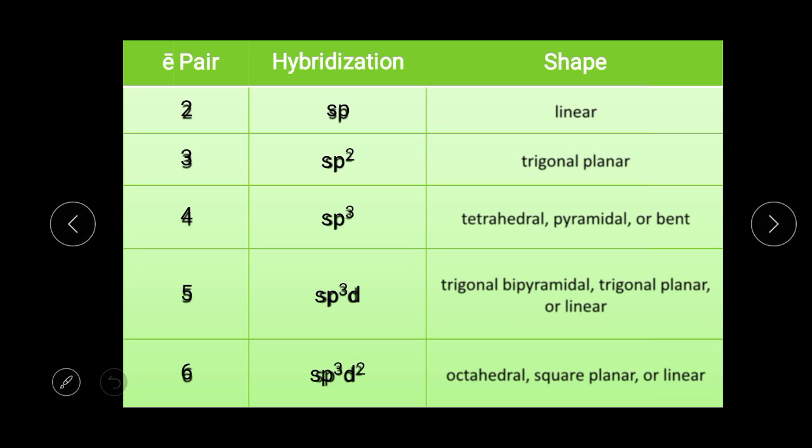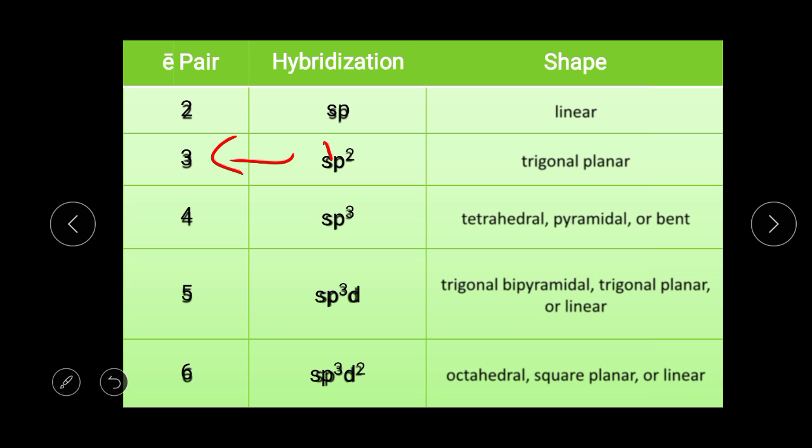Based on the number of electron pairs, we can identify the hybridization. If a compound has two electron pairs, the hybridization will be sp and the shape will be linear, for example beryllium hydride, BeH2. If three electron pairs are there, the hybridization will be sp2, that is 1s and 2p, so 2 plus 1 is 3. The geometry will be trigonal planar.